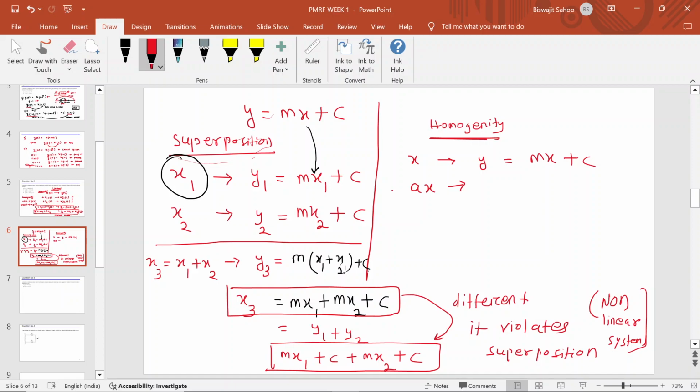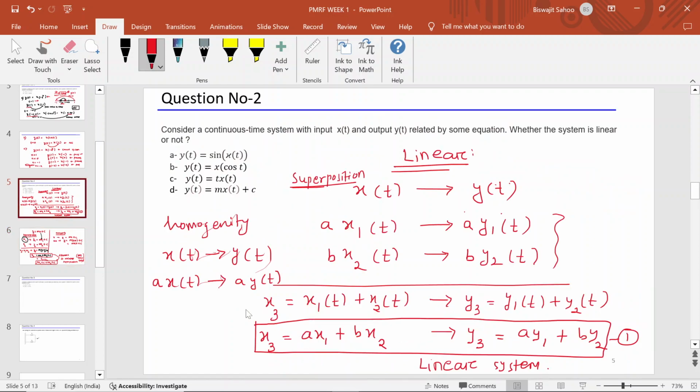Then your output will be m times, in place of x, you apply ax. So write down that. This will be m ax plus c, and that should be equal to your scaled version. Scaled version means you're multiplying. Go to the previous slide: ax of t gives ay of t.